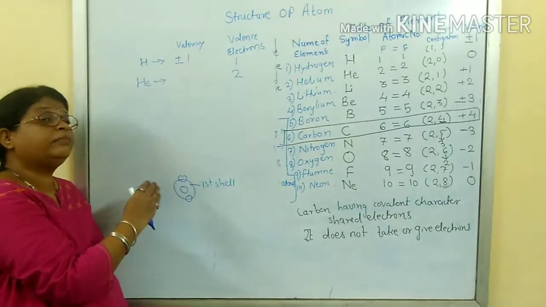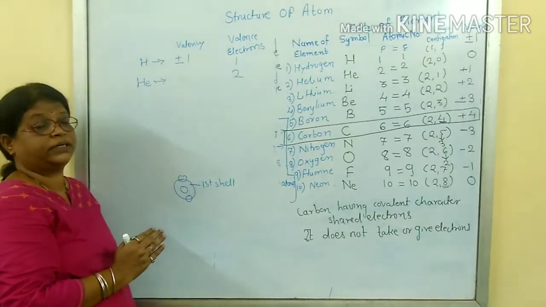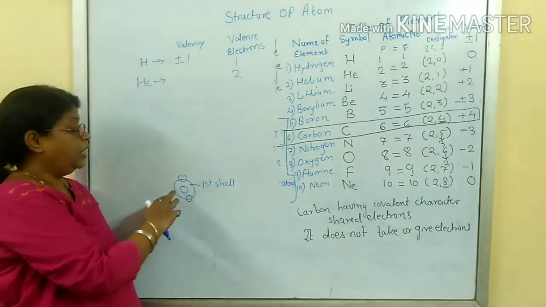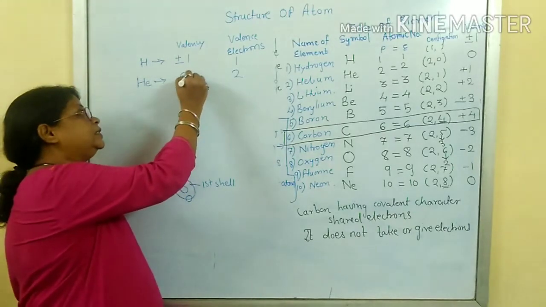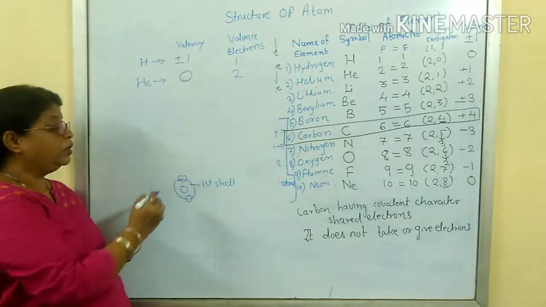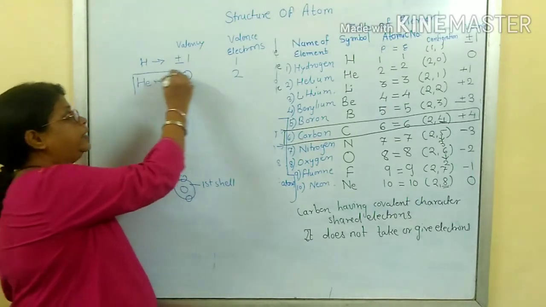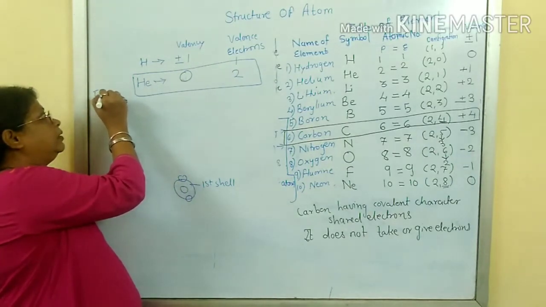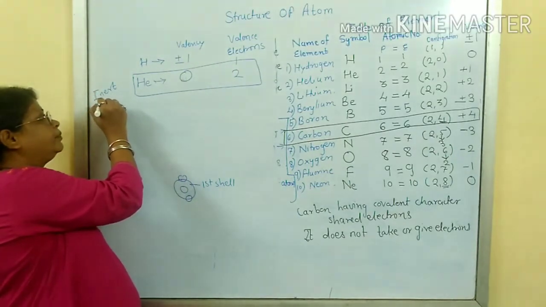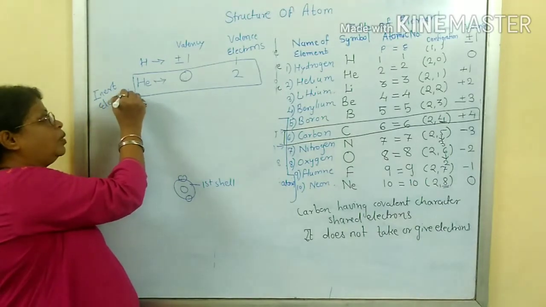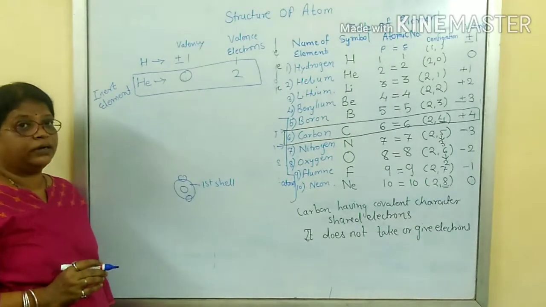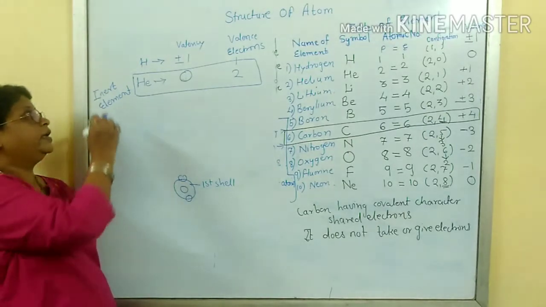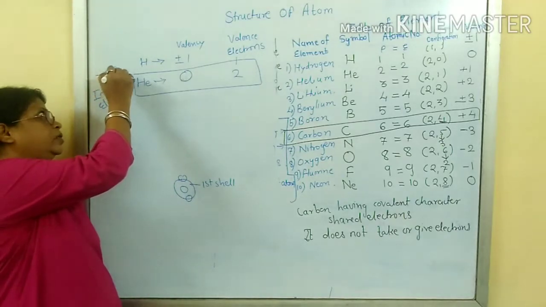So it has no combining capacity, meaning it does not take electrons and does not give electrons. So its valency is 0. So it is called an inert element. Why is it called an inert element? Because its valency is 0. That is why it is also called a zero element.